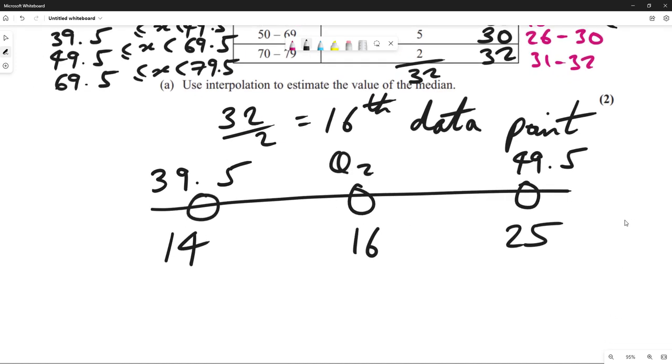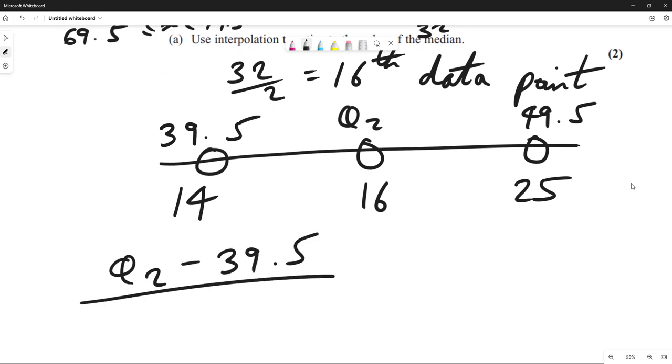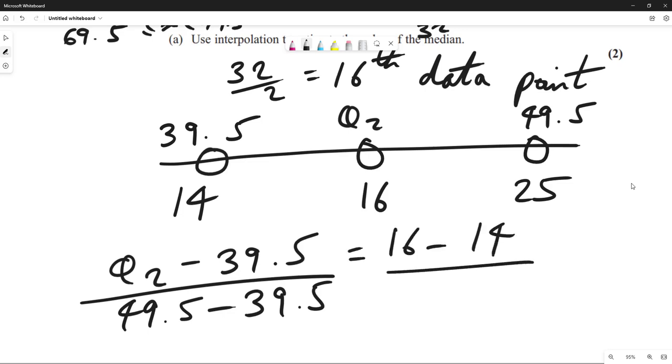Now we can use proportion, so we can say Q2 minus 39.5 over 49.5 minus 39.5 is equal to 16 minus 14 over 25 minus 14. We're going to manipulate the formula.